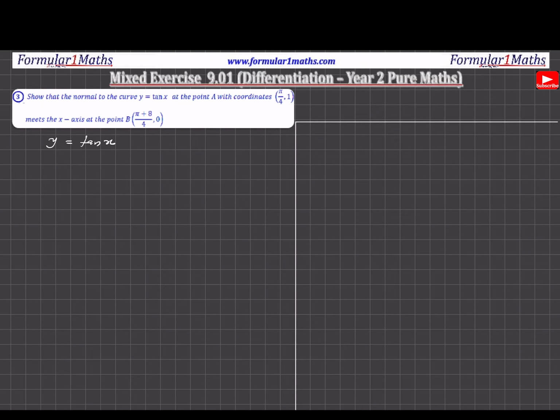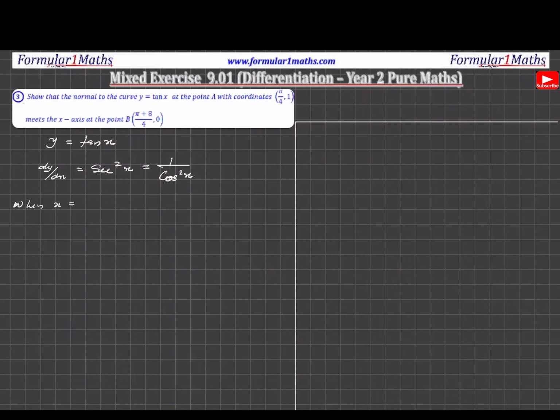I need to differentiate to get a gradient function. So if I differentiate, dy/dx is equal to sec squared x, which is equal to 1 over cos squared x.